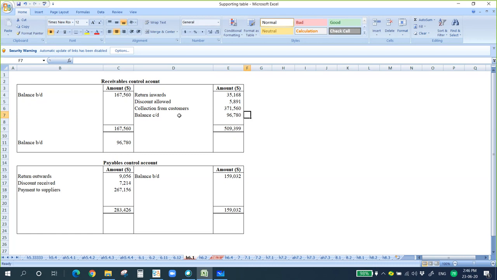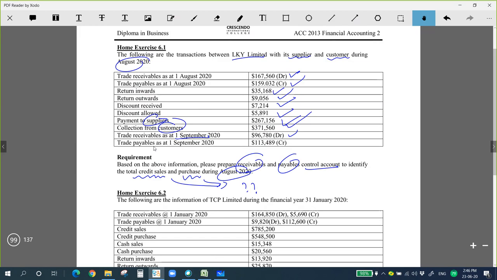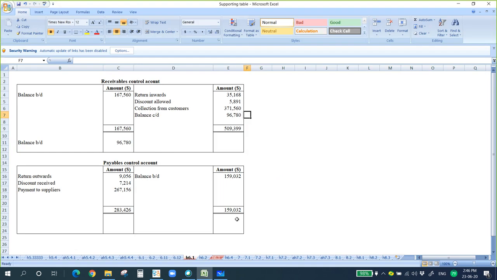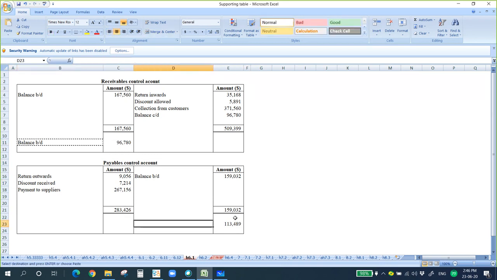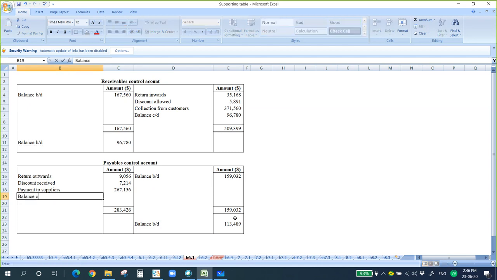And then we look at the payable. Payable control account say that as at 1st of September 2020, I have a credit balances 113489. So this is balance BD as well. So we have a balance CD 113489 here.